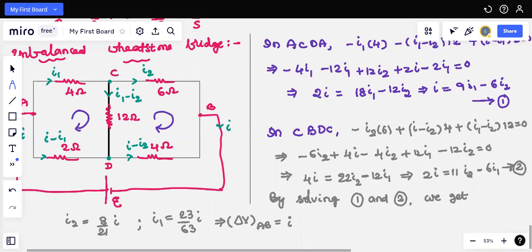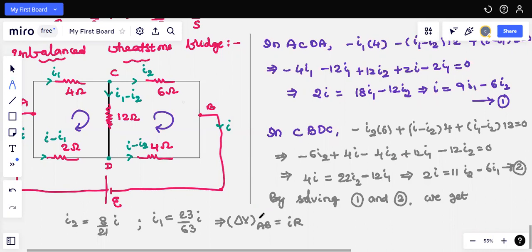That IR between A and B, you can select any path, your wish.